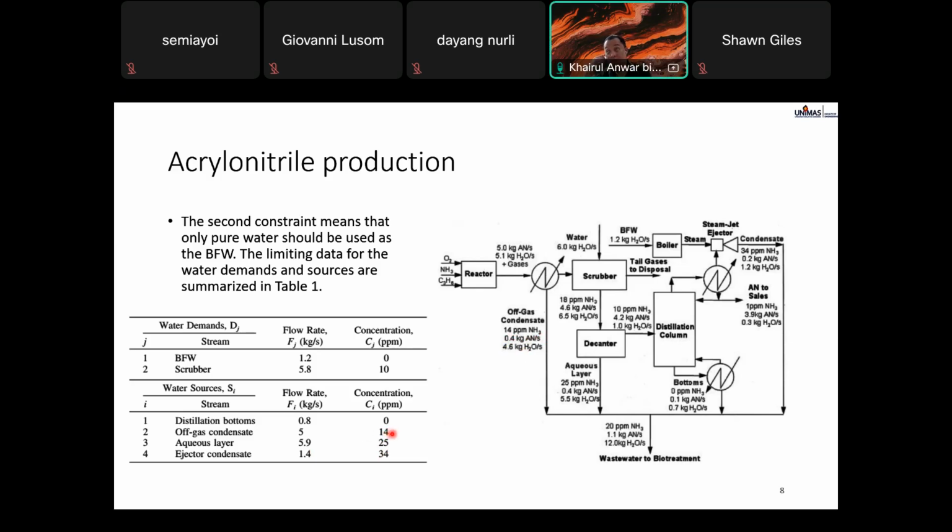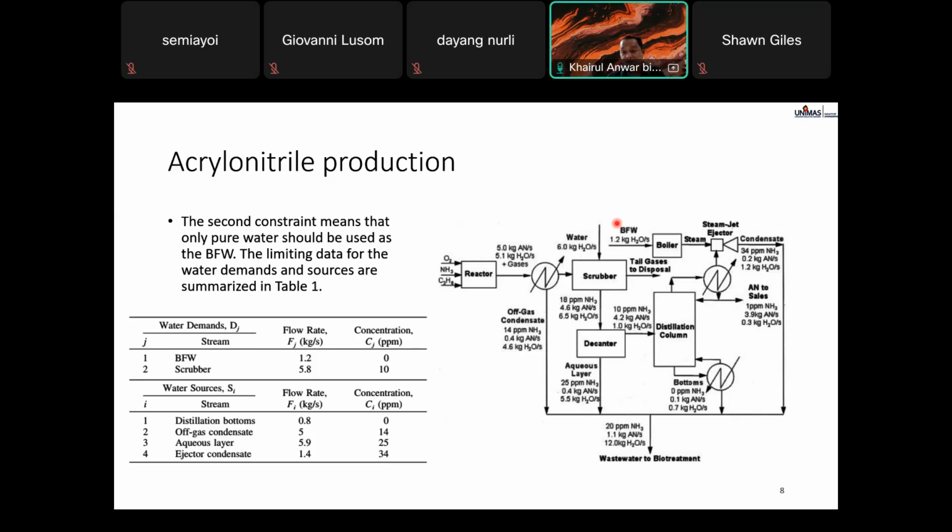So what we need to do when you see the question is identify the water demand. Otherwise, sometimes the question already explains what the water demand is, or describes which unit operation requires water and what the water source is.